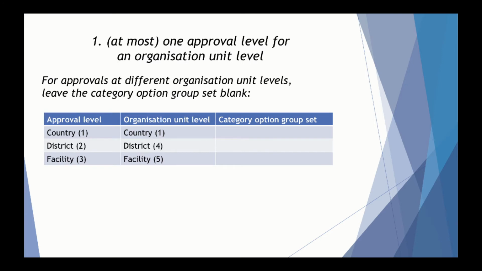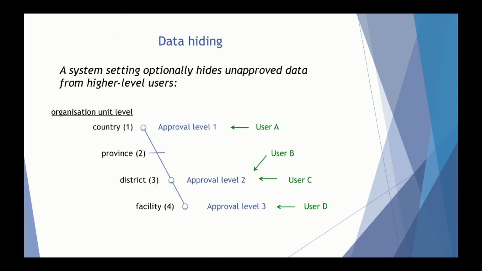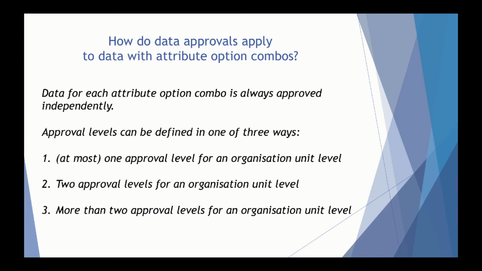So if we step back a few slides and look at that mysterious user B, they are assigned to this level based on the fact that they are a user at the province level. And so we use basically an implicit way by looking at where the user is assigned, what they can see, in order to determine the approval level that they have.